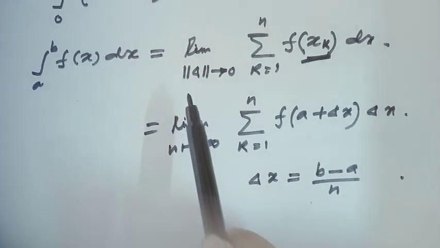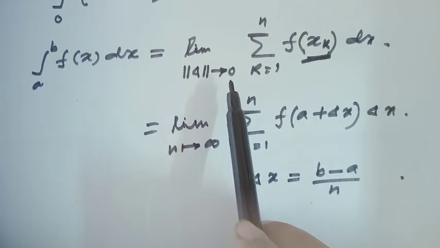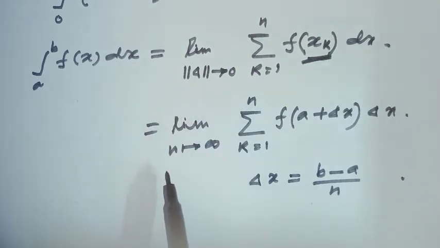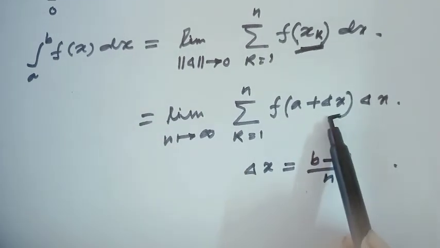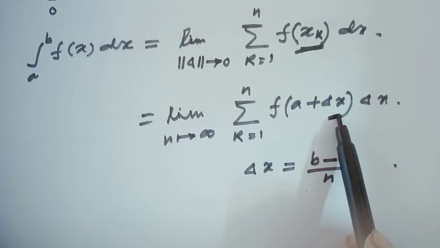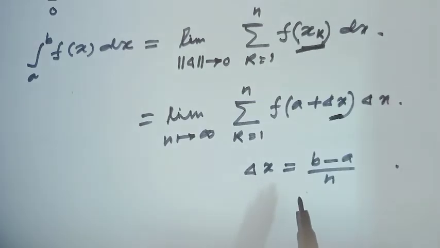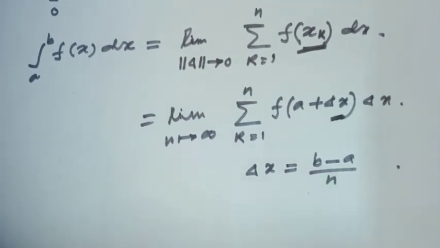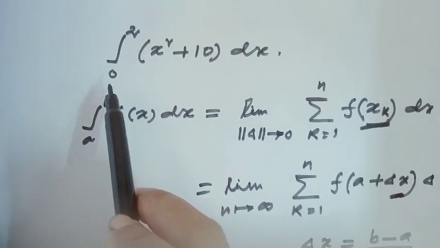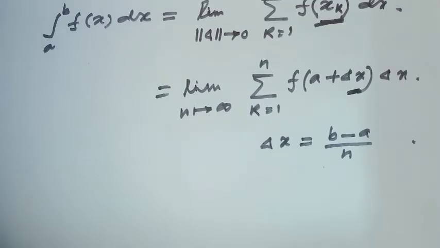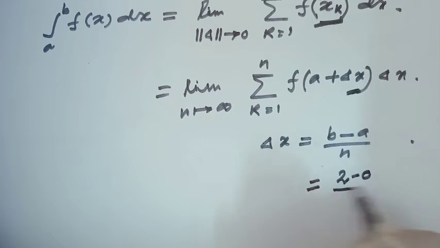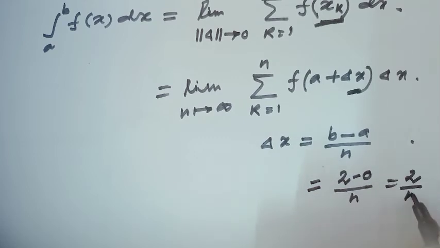And limit delta tends to 0 means just partition, so I can also use this as limit n tends to infinity. And here delta x, since it is a partition of a to b, is actually b minus a over n. Here this integration is defined from 0 to 2, so this value would be 2 minus 0 over n, that means this is equal to 2 over n.